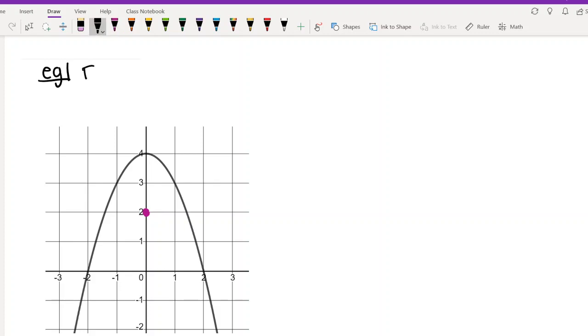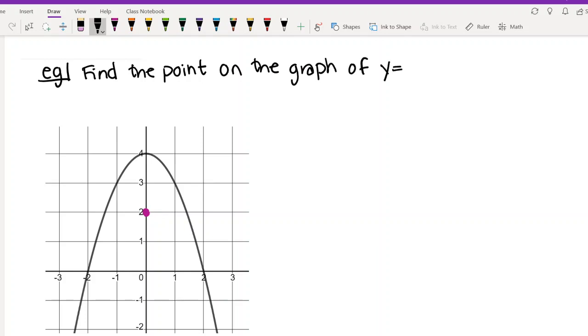So we're going to find the point on the graph of this function, the parabola that's graphed here, negative x squared plus 4. And we'll see actually there's going to be 2 points that satisfy this.